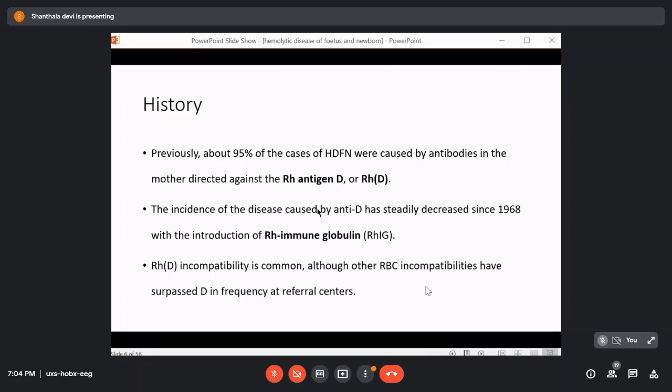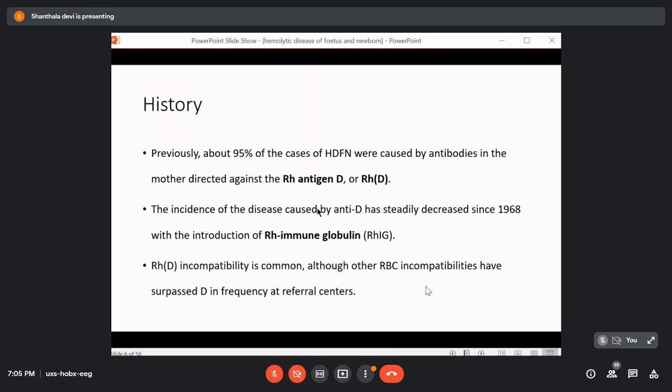The incidence of this disease has steadily decreased since 1968 because of the introduction of Rh immunoglobulin, which in India is available as Rhogam, the anti-D Rh IgG. It is given to the mother antepartum as well as postpartum, and this prevents sensitization of the mother and decreases the incidence of severe Rh incompatibility or severe hemolytic disease of the newborn. Though it is common, other RBC incompatibilities have now surpassed D in frequency at referral centers.